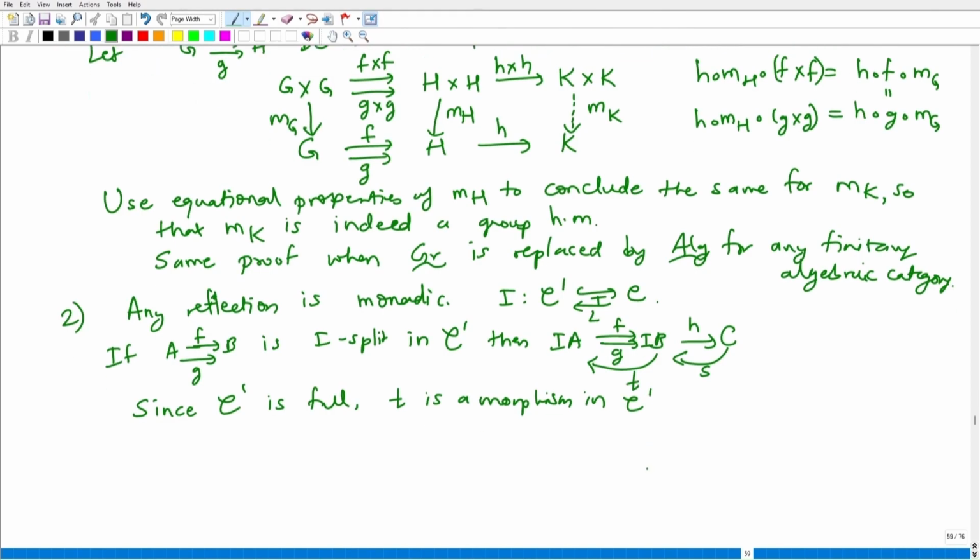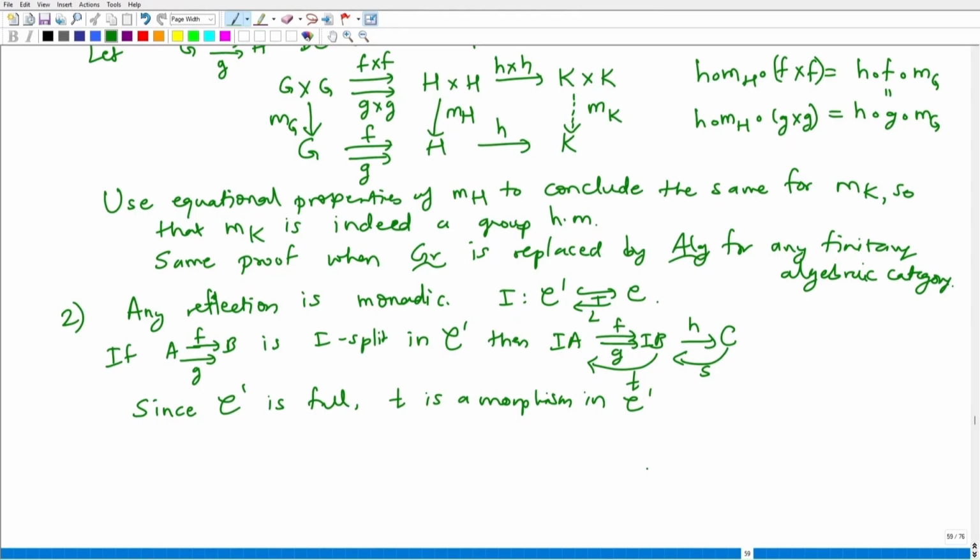We also have to conclude that object C, capital C, is in C prime. How do we get that? Exactly. So C is the splitting of which idempotent? The idempotent SH, from IB to IB.